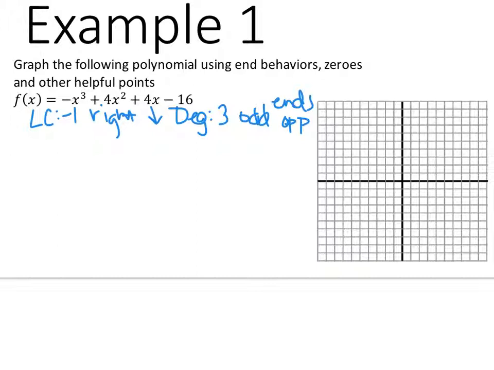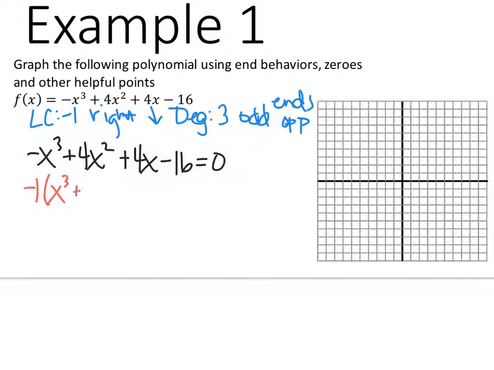So once I have my ends, I need to know where they go, so I have to find my x-intercepts. If I look at negative x to the third plus 4x squared plus 4x minus 16, I'm going to first always try factoring. Since there's 4 terms, I'm going to do factor by grouping, but first, my first term cannot be negative.